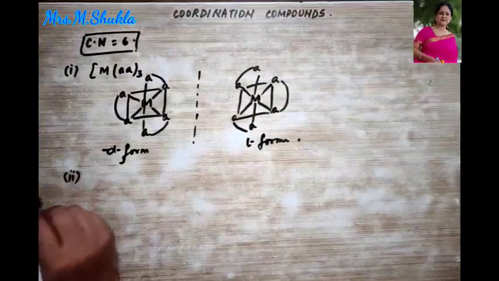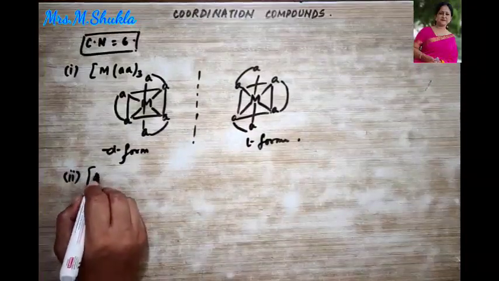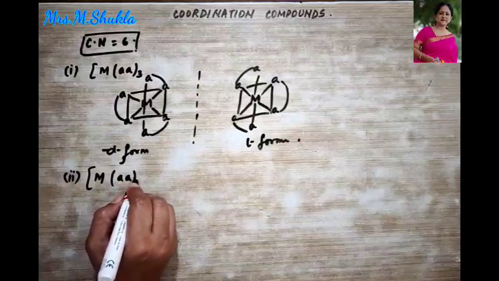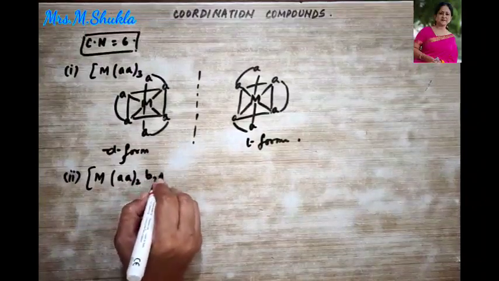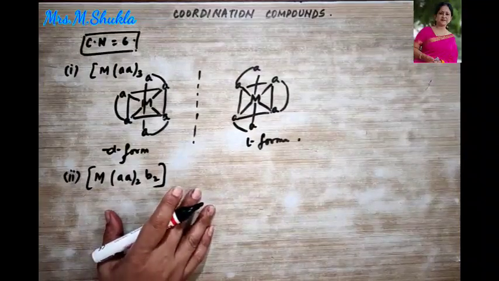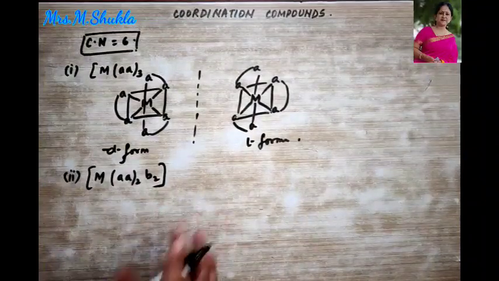Then come to another complex where we have AA2B2. This kind of a complex. Here it shows 3 isomers. What are those 3 isomers?